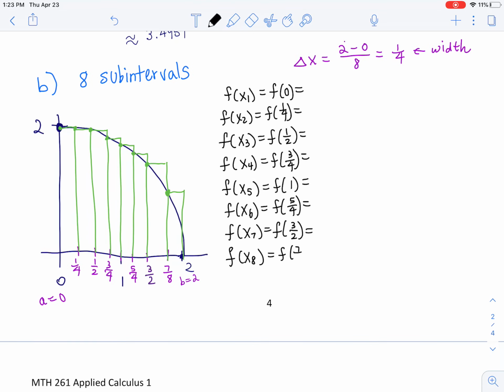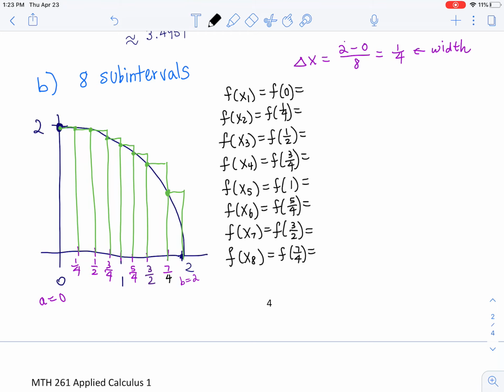And, oh, you know what? Let me go ahead and change my 6/4 to a simpler fraction, 3/2, okay? Just because. 3/2, 3/2. And then f of x8 equals f of 7/4.